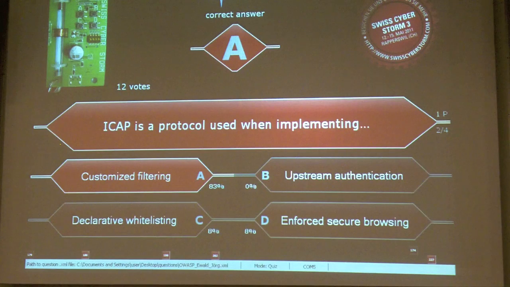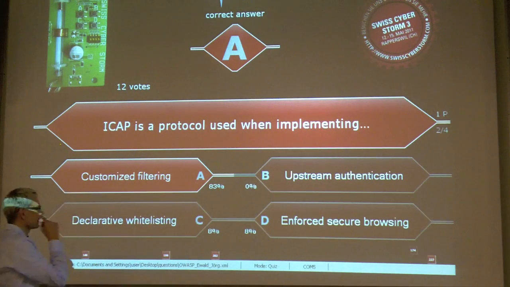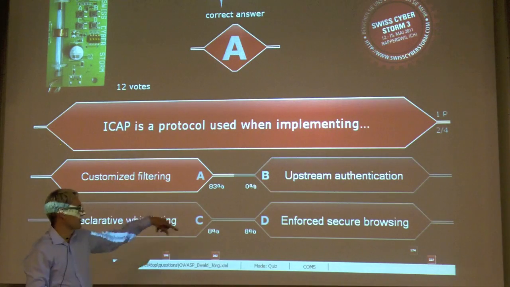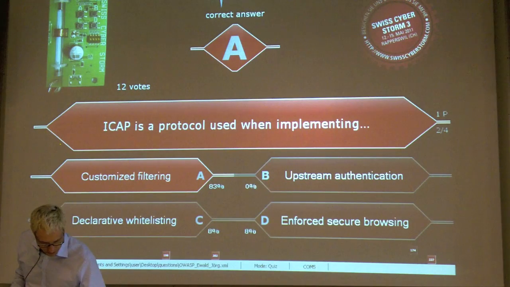Filtering, 83%. Yeah, at least the majority listened to what I was saying. It is actually the case that a lot of other things could be done using ICAP as well, just we don't use it for that.